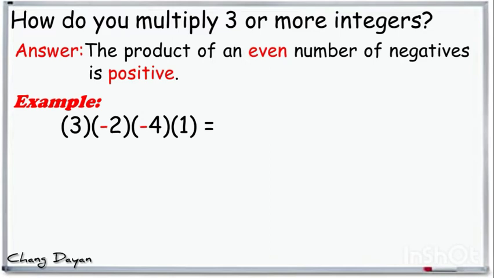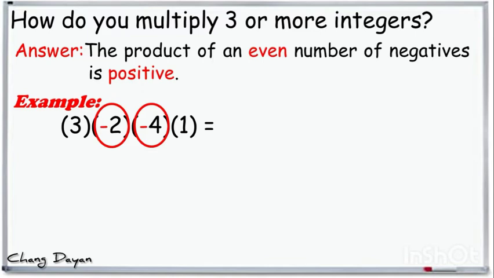So here we have 1 and 2. We have 2 negative integer and 2 is an even number. That's why our answer here must be positive. Again, if we count the negative integer, and it is even number, our answer must be positive.